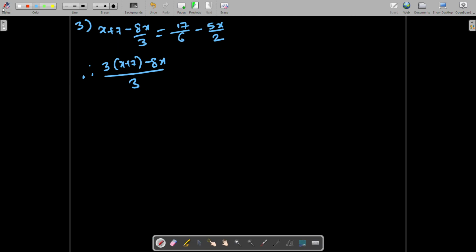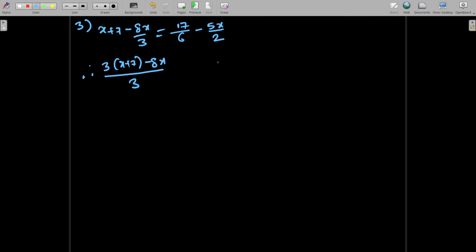Okay. So again on this side, in order to have a common denominator, I will multiply this as 2 into 17 divided by 6 into 2 minus 6 into 5x divided by 2 into 6.